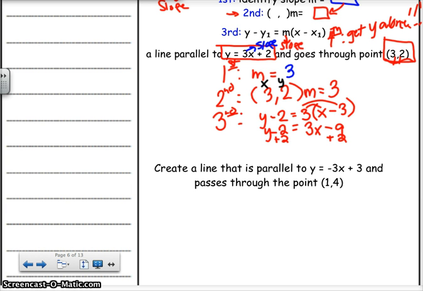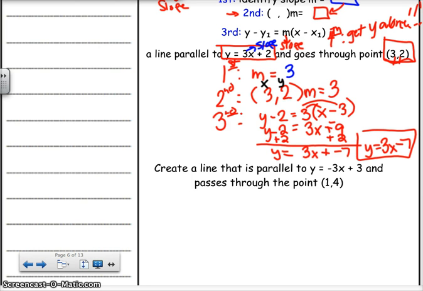So now I have y equals 3x, this is a negative 9. Negative 9 plus 2 is a negative 7. Of course, MCAs will have it y equals 3x minus 7. Final answer. Done.